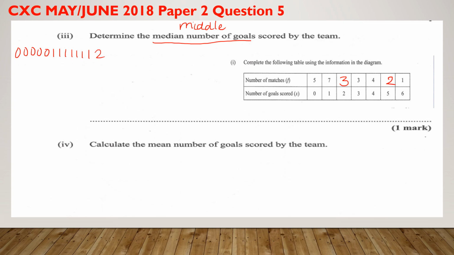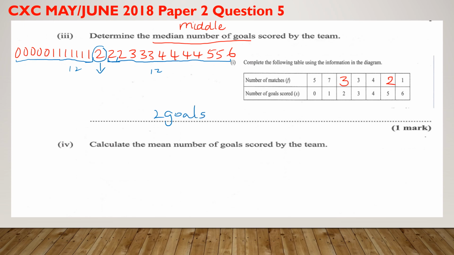We have 2 3 times, 3 3 times, 4 4 times, 2 5s and a 6. So we're going to divide this up, and we can tell that we're going to have 1 2 3 4 5 6 7 8 9 10 11 12 on one side, and 12 on the other. So 12 on both sides. So the middle number is 2 goals.